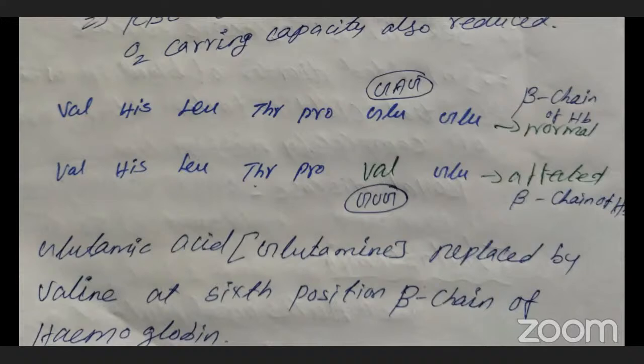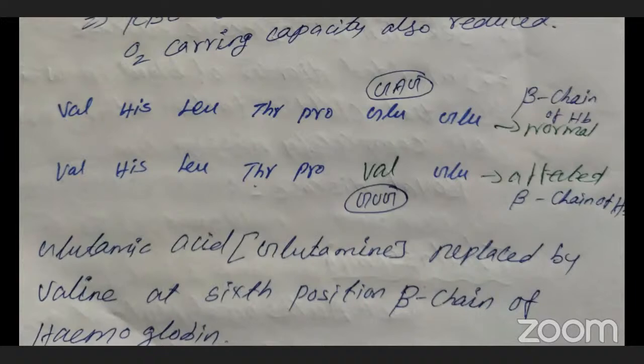So in the sixth position of the beta chain of hemoglobin, glutamic acid is replaced by valine. Clear? This is called sickle cell anemia, due to the change in the sixth position of the amino acids.